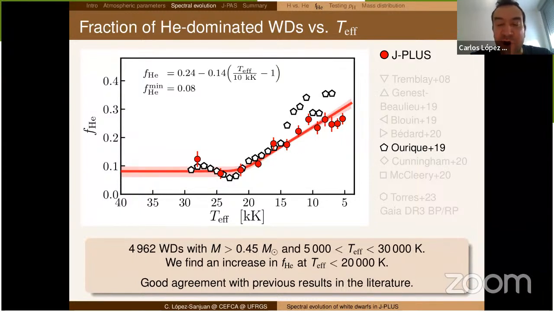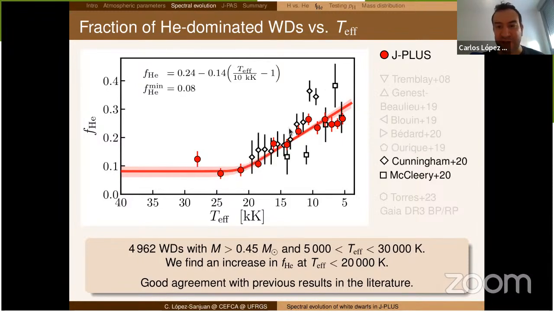But when you go to red objects, they start to pre-select the targets. So you have selection effects. This is clearly seen here. Between 30,000 and 15,000 Kelvin, we have basically a perfect match. And then below that temperature, things start to go wild. This is probably because of the selection of Sloan, and in this case, our results are probably okay.